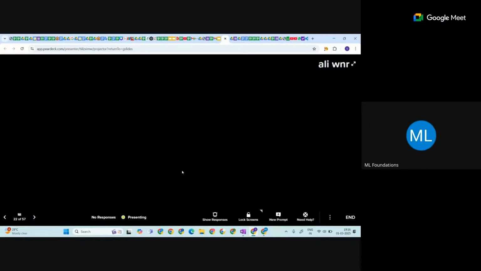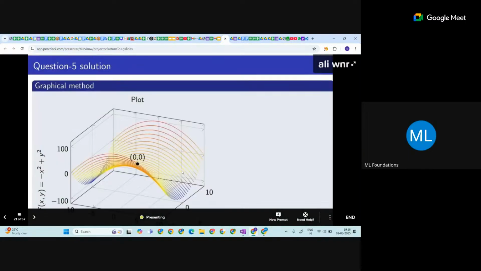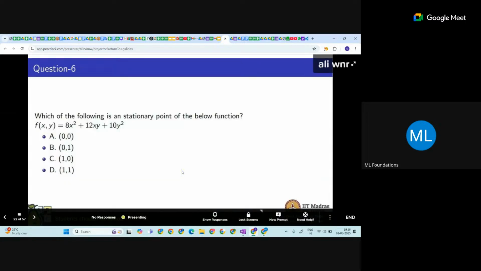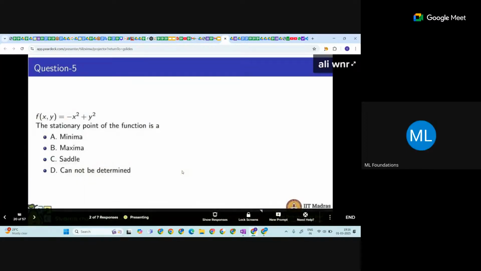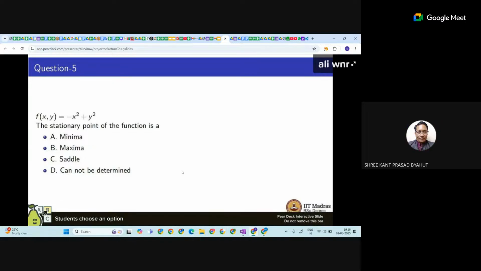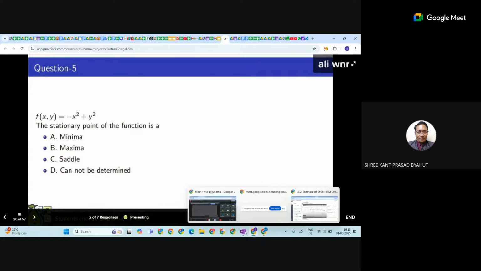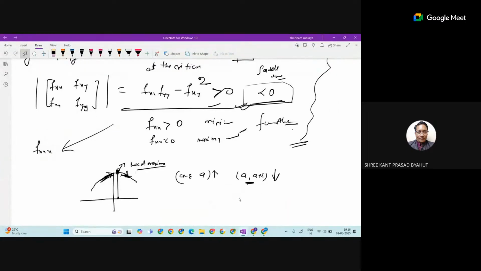And the method is the same. How will we get the determinant of this one? The determinant is f_xx, f_xy, f_xy, and f_yy.